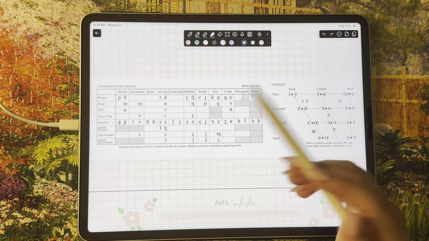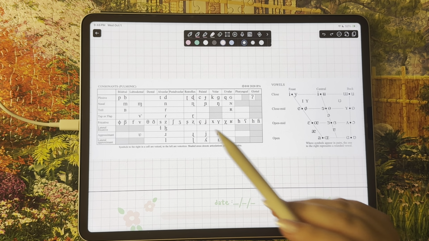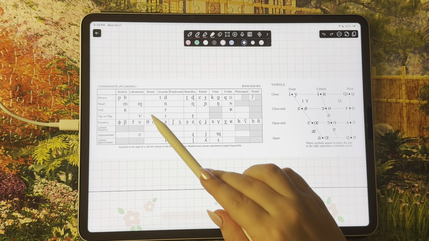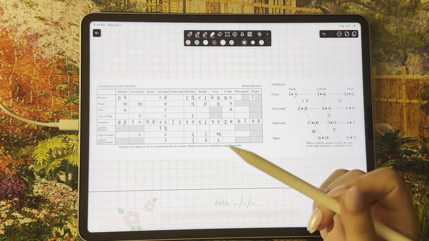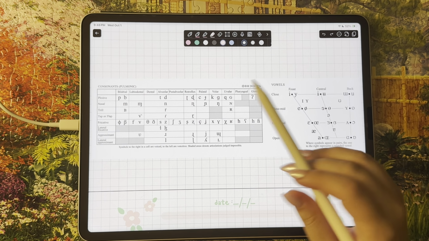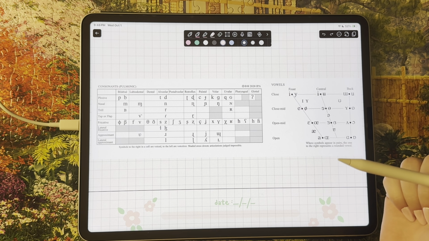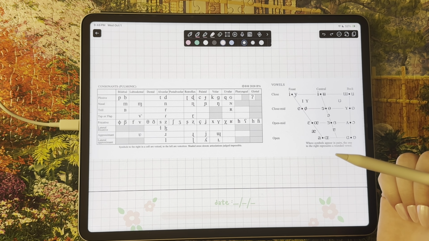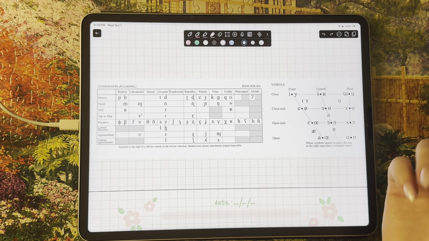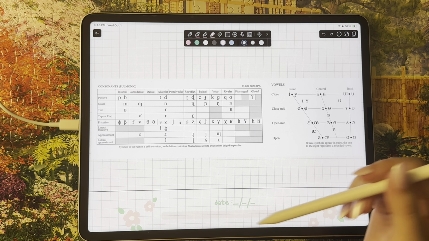So this one that looks like a theta is th, like in thing or thought.